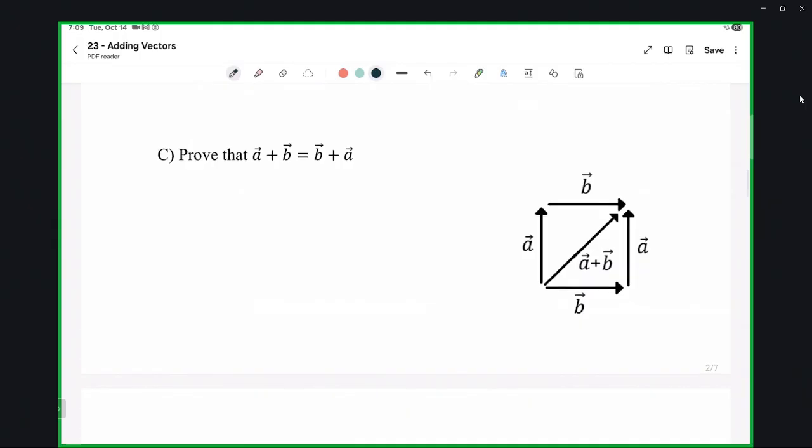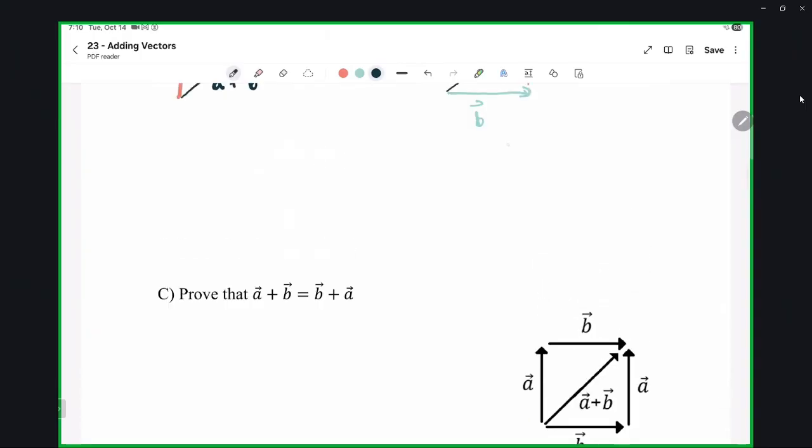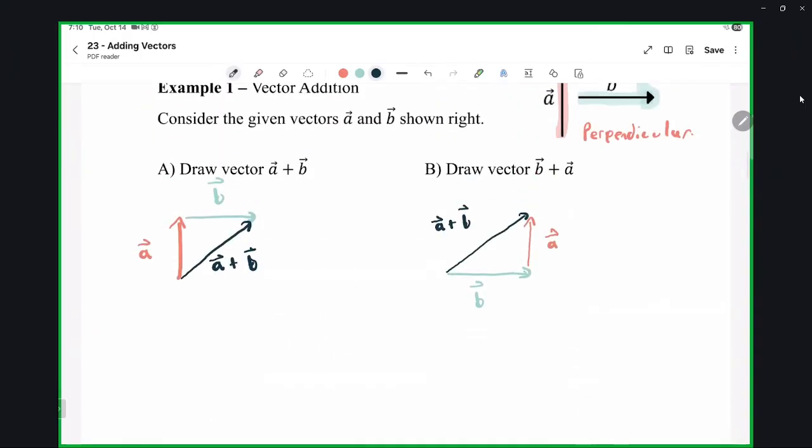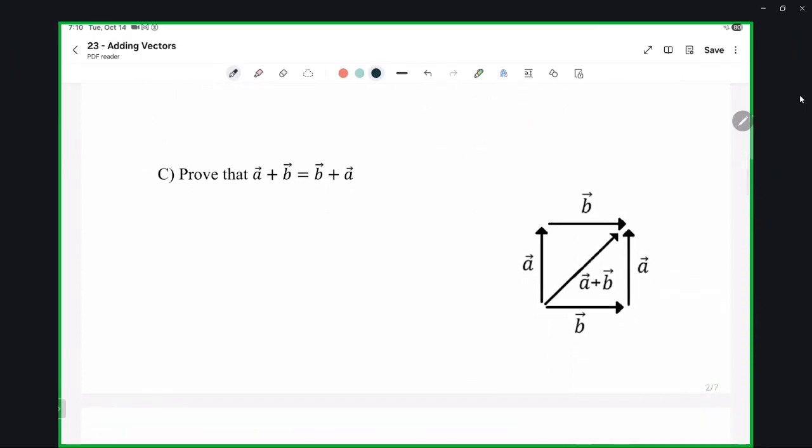Okay, so we're going to prove that vector A plus B is the same thing as vector B plus A. We can see that this diagram is going to help us prove this is the case. All he did here was combine our two images together to give this resulting image below. For the purposes of color coding, let's put vector B in green and vector A in red.